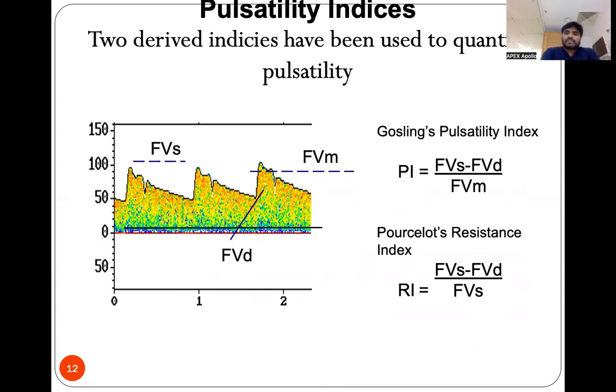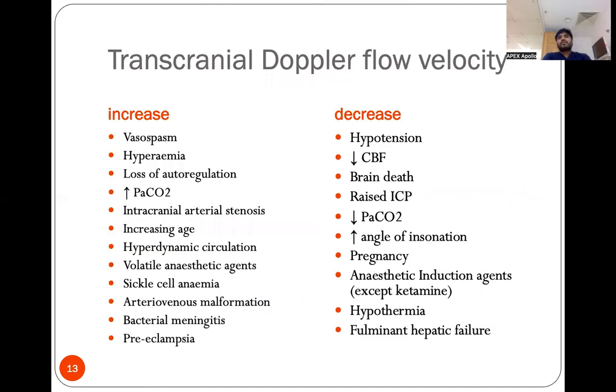Next is the resistance index, the difference between systolic and diastolic velocity divided by peak systolic velocity. There are some conditions where flow velocity may decrease or increase. Flow velocity increases in vasospasm, hyperemia, increased PaCO2, and intracranial artery stenosis.